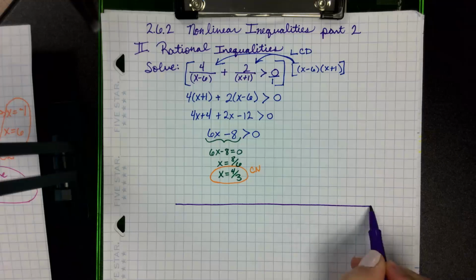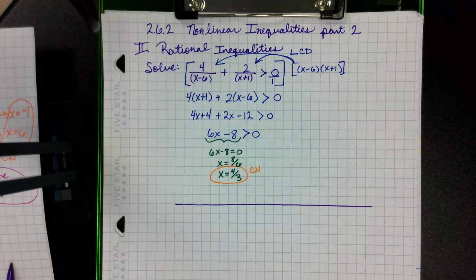So I'm going to draw a number line, and I know I'm going to put 4/3 on the number line, but I don't know where it's going to go yet because, hold on, before I do that. What is also critical would be anything that would make the denominator equal to 0, because we can't have a denominator equal to 0, right? Because that would be impossible to divide by 0.